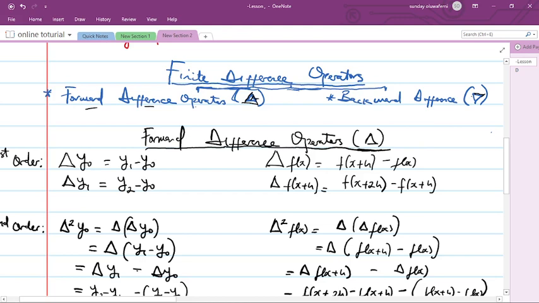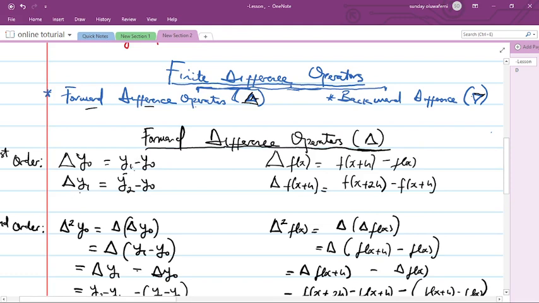For your forward difference operator, the forward difference of y naught is given as y1 minus y naught. That is a step forward, then subtract your initial value of y, which is y naught, from your y1, and that is how to find your forward difference.